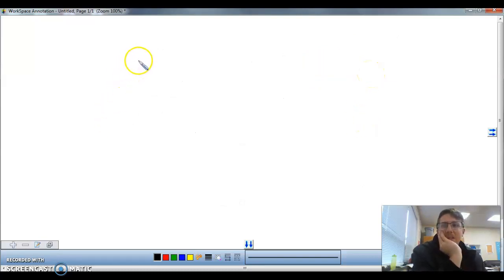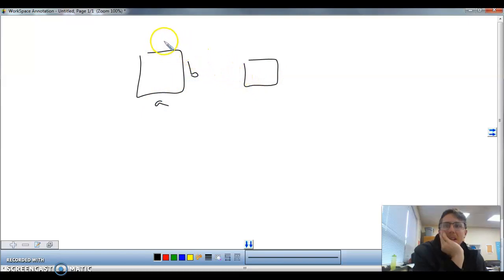So, how can you tell if two shapes are proportional? I'll use letters this time. Well, here's one way.